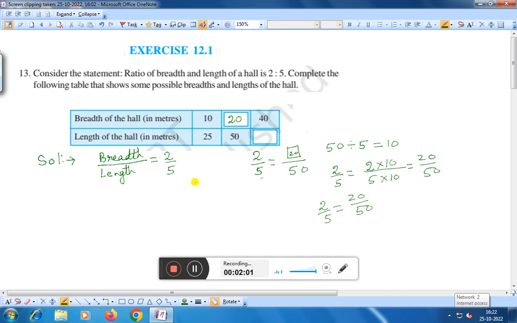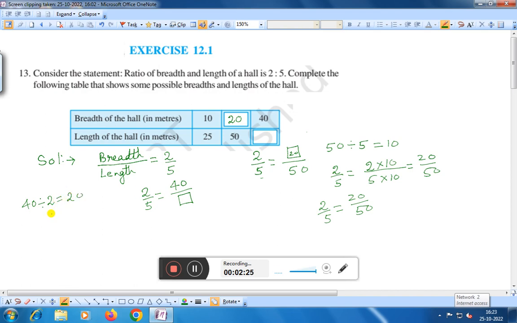Now, the next one is 40. We know the ratio is 2/5, and the numerator is 40. What is the value of the denominator? How did we get 40? 40 divided by 2 comes to 20.